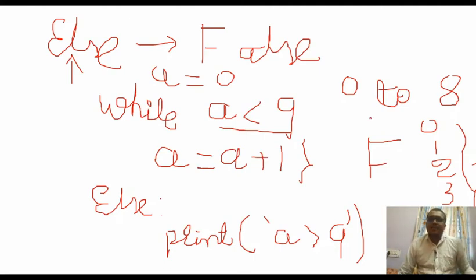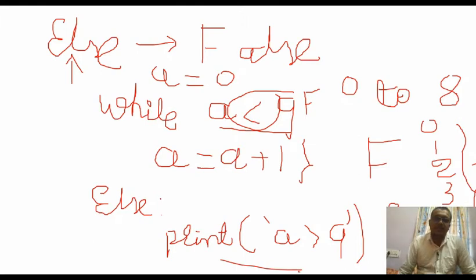Whenever it crosses 8 and becomes 9, this condition will be false. Once the condition is false, it comes to the else part and executes it. Till the condition is true, it will stay inside the loop itself.